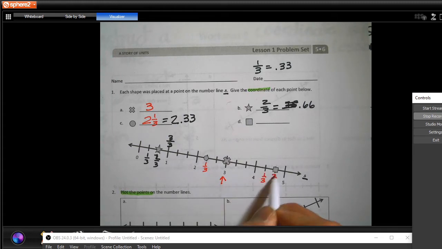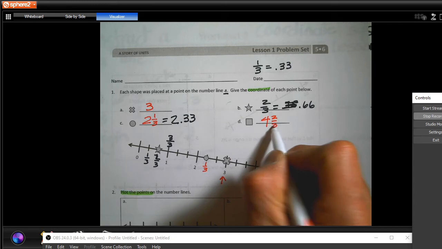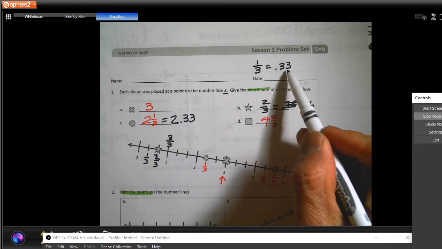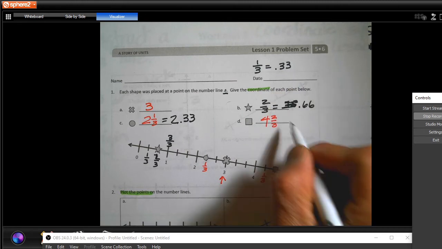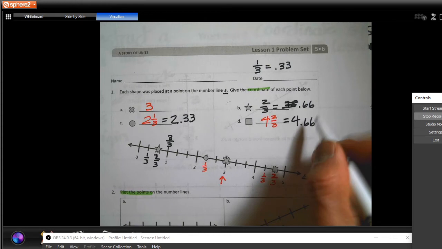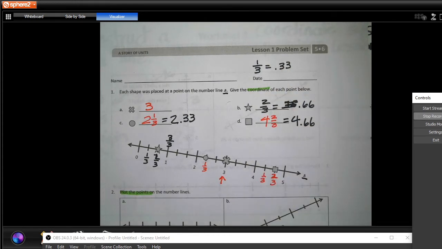This is 2/3. So that's going to be 4 and 2/3. Again, like we said before, 1/3 equals 33 hundredths. So if we're going to write as decimal, it's going to be 4 and 66 hundredths, because 2/3 is twice this number up here. Okay, so far so good.